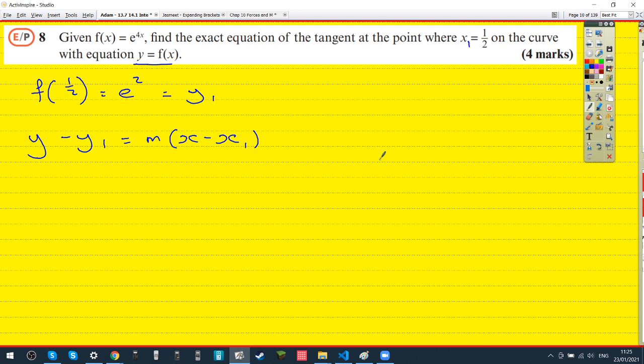So we have x1 is a half, y1 is e squared. All we need now is m. So can we sub them all into the equation? So y minus e squared is equal to m times x minus a half. Problem is we don't have m.